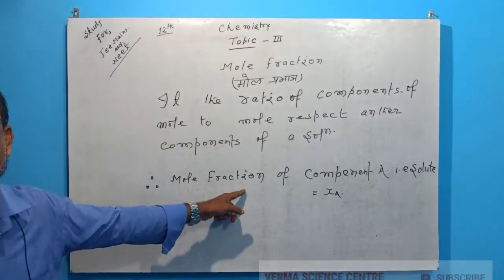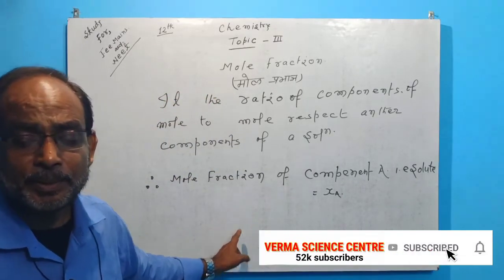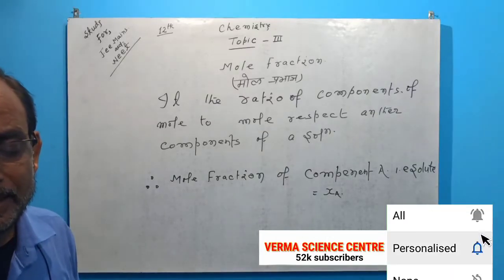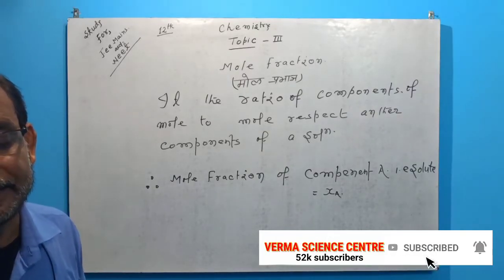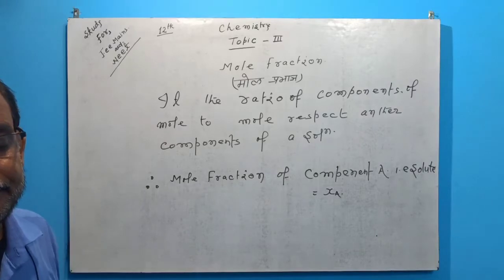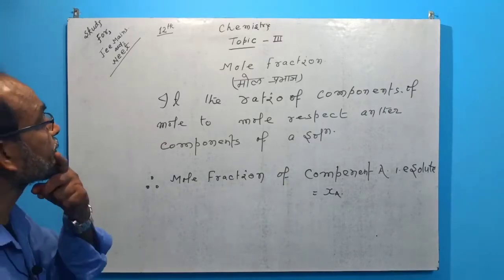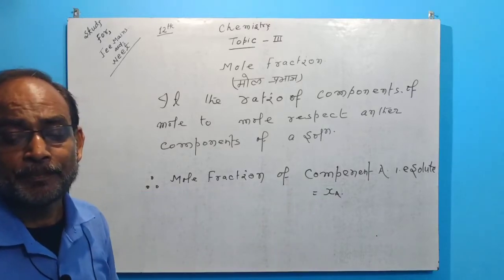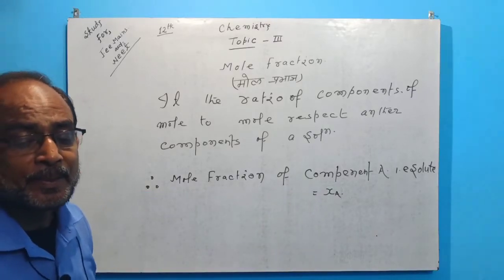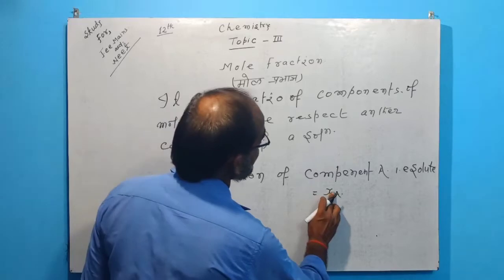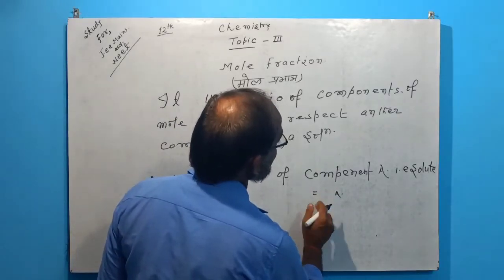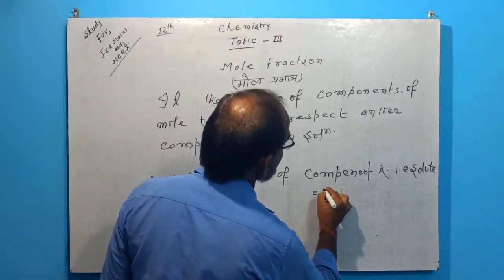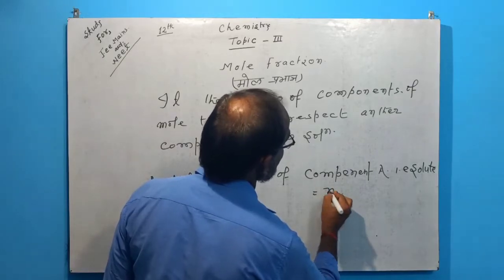Consider XA is the mole fraction of the component for the solute, and as per number it can be derived as Na.